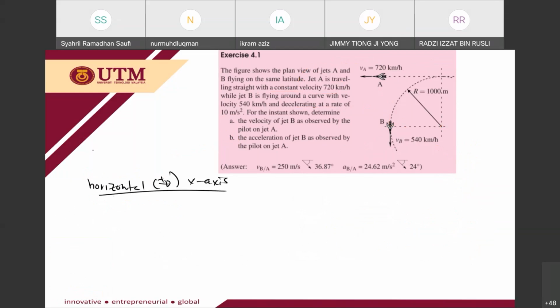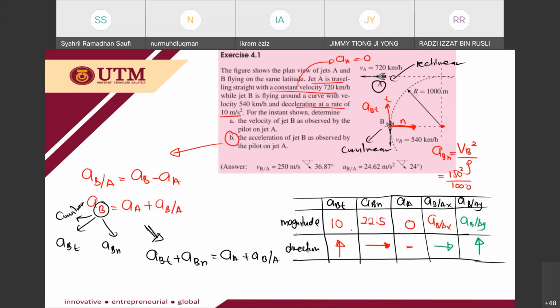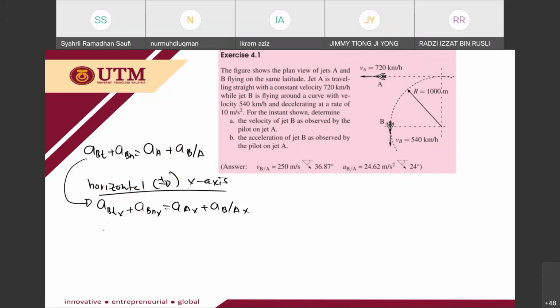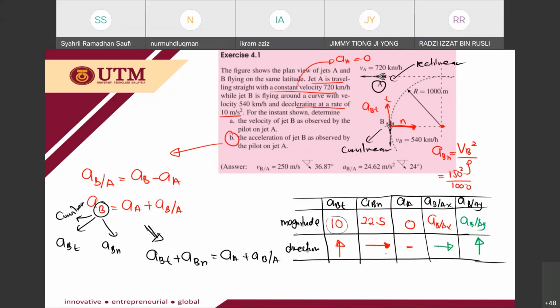So my equation is acceleration of B tangent plus acceleration of B normal is equal to acceleration of A plus acceleration of B relative to A. So I put it in the x axis: acceleration of B tangent x plus acceleration of B normal x equals acceleration of A x plus acceleration of B relative to A x. Acceleration of B tangent is always on the y axis, so here is 0, plus acceleration of B normal is to the right, 22.5.